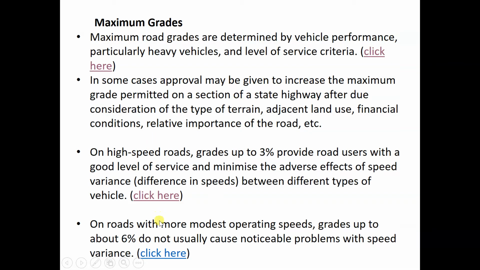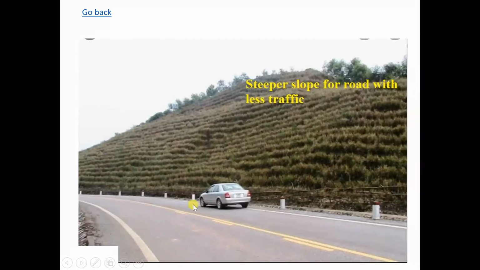On roads with more modest operating speed, grades up to about 6% do not usually cause noticeable problems with speed variance. If it's lower speed, I mean less vehicles.